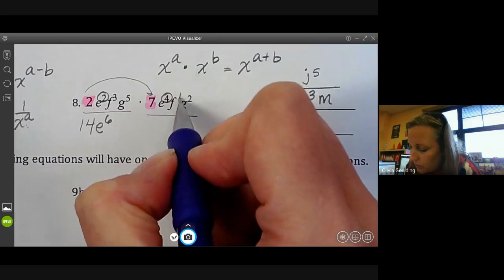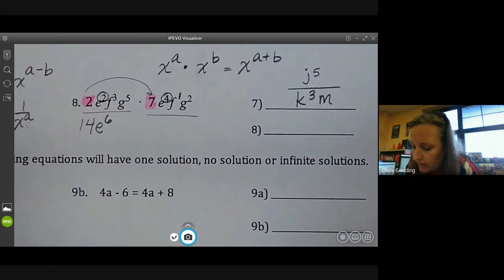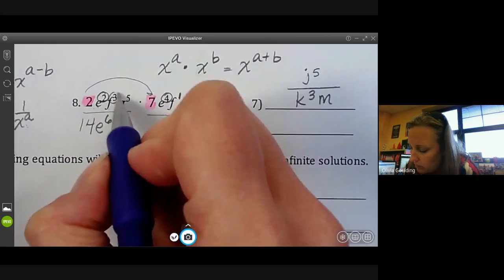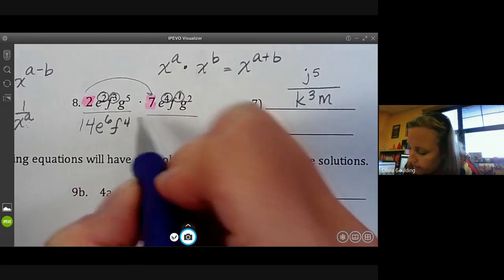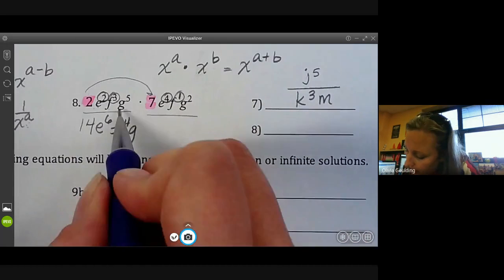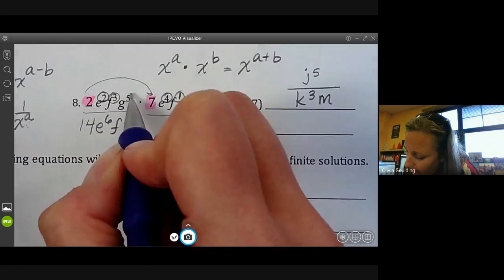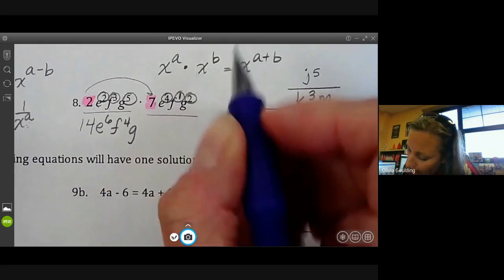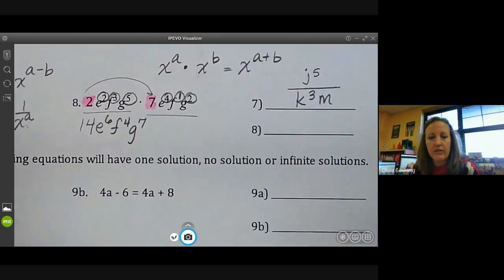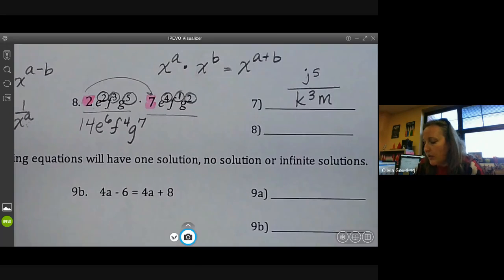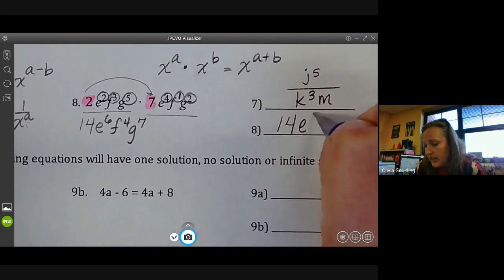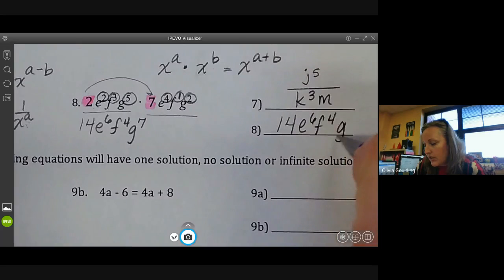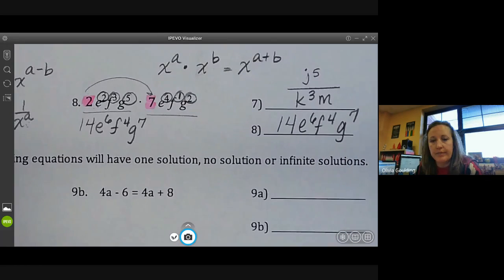F and f, this is a 1, because that's implied, so 3 plus 1 is 4, so f to the 4th. And the common bases of g, I have a 5 and a 2, so I get g to the 7th power. Okay? So that's my answer for number 8: 14, e to the 6th, f to the 4th, g to the 7th.